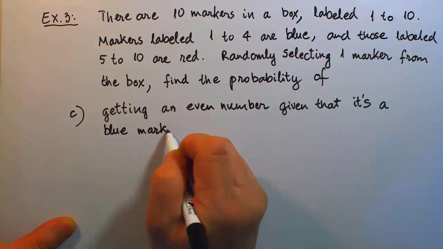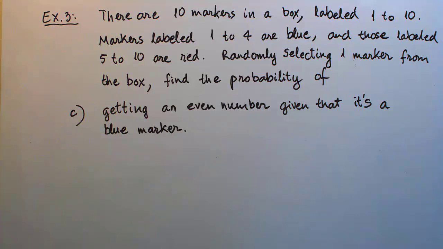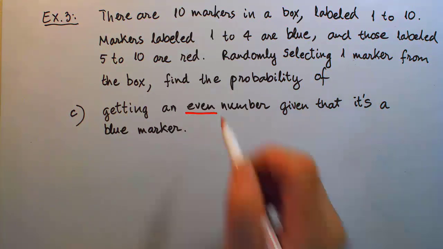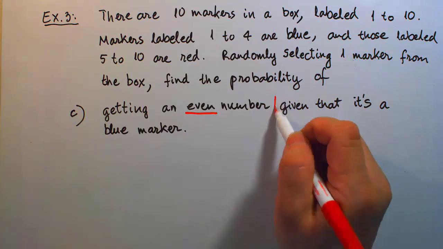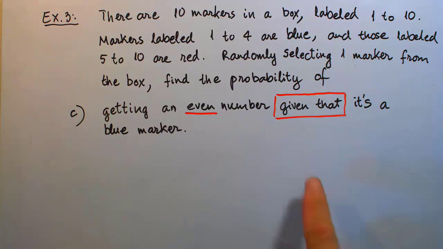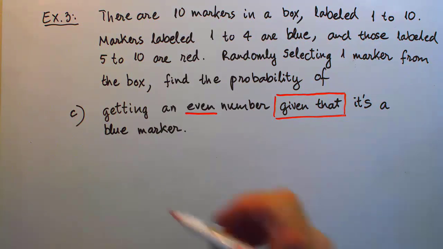And so there's that exact structure again. There's one event being mentioned, looking for an even number, there's that famous phrase we just learned, given that, and then after that phrase we're looking for a blue marker.